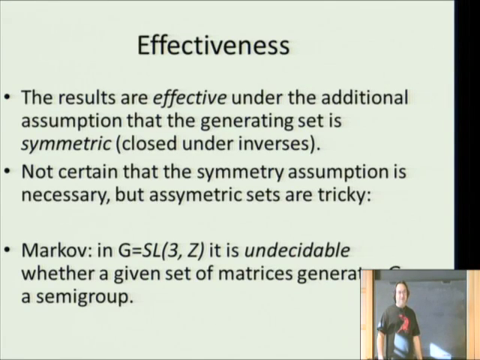Oh, annoying. But is it better in the symmetric case? Can you decide if some set of elements generates a group? But what does it mean that it generates a semigroup? It means you cannot take inverses. But if the generating set is symmetric, you've already taken inverses. He's saying it generates whatever it generates. That's what makes it hard. You can replace semigroup by group, and then if you assume that it generates the group, then you're fine. Oh yes, but if you don't assume it generates the group, is it decidable or not?